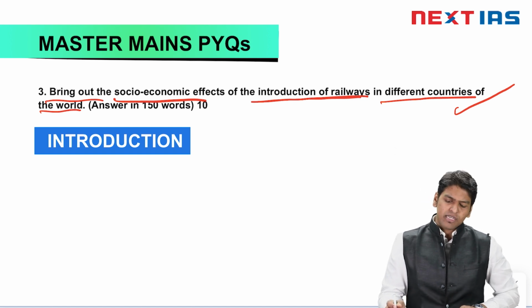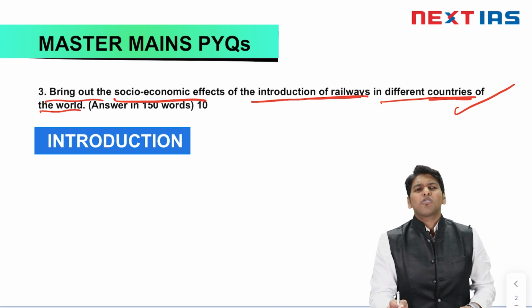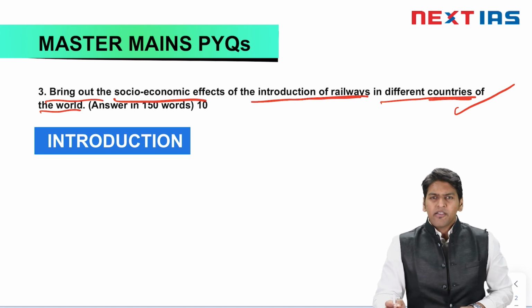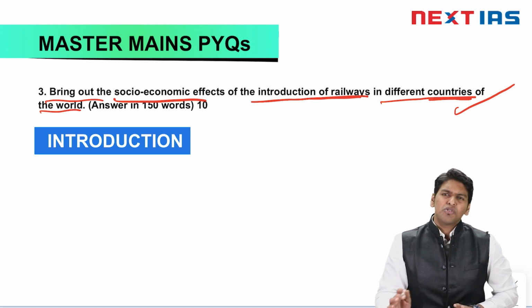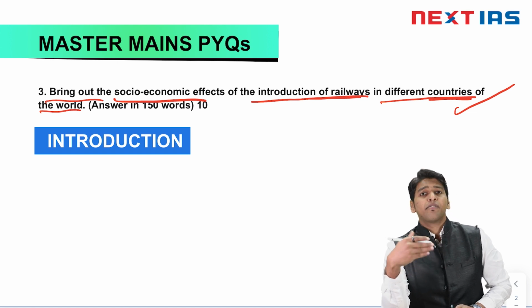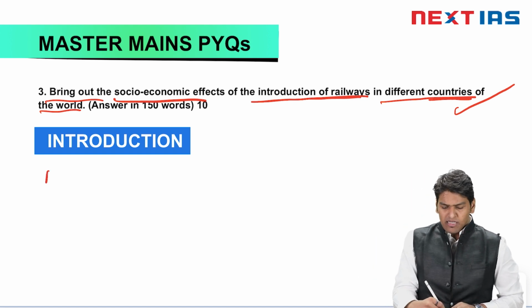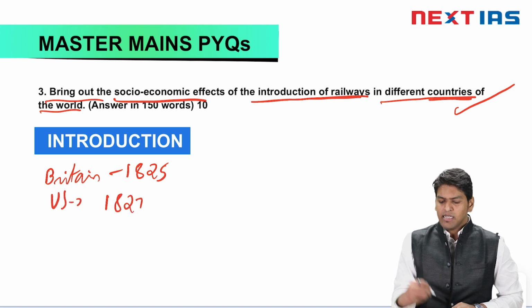In the introduction, when they are talking about different countries, you might not be very familiar with it. But as an academic exercise, you should know when railways were introduced in different countries. In Britain, it was the first. It came in 1825. In the US, it came in 1827.